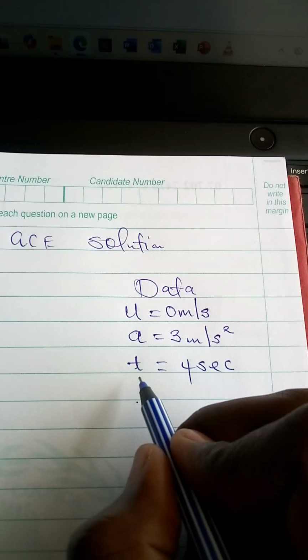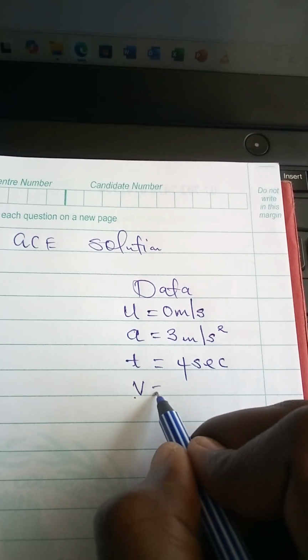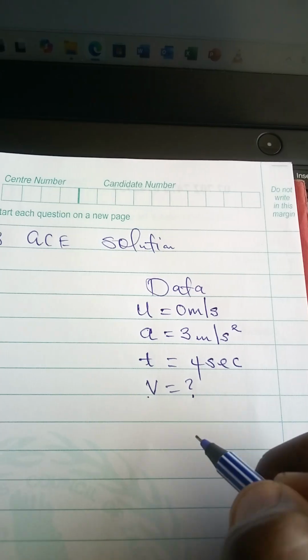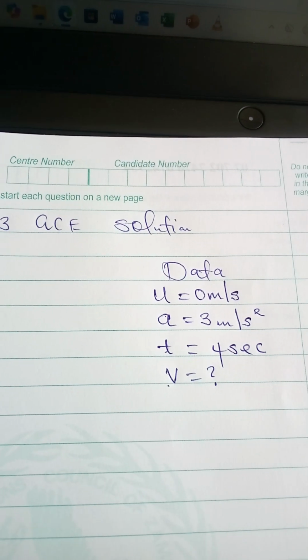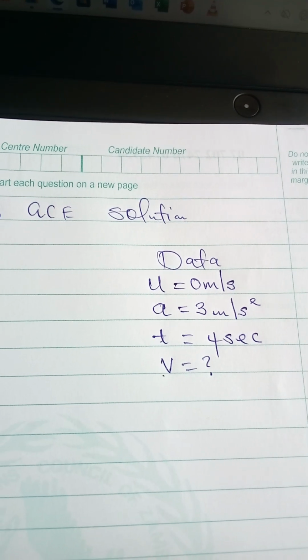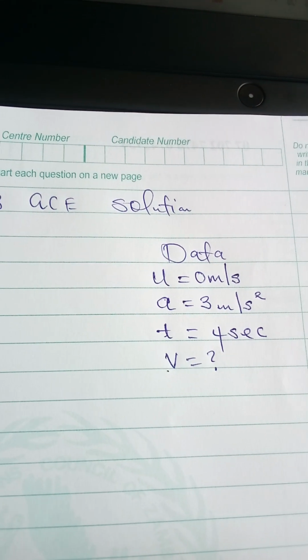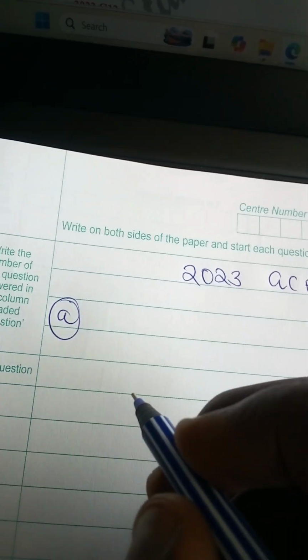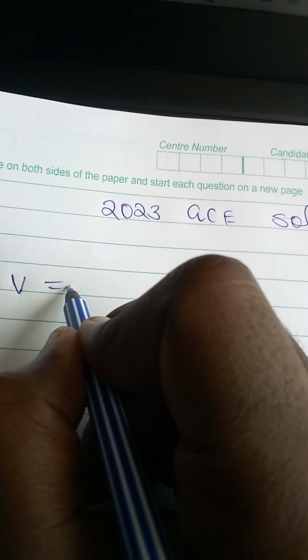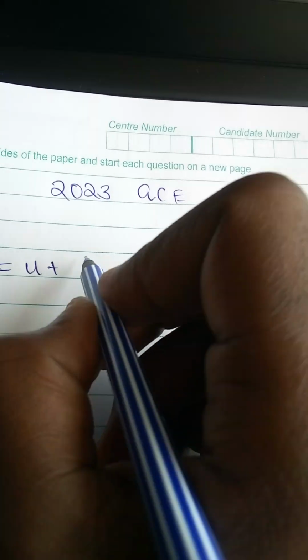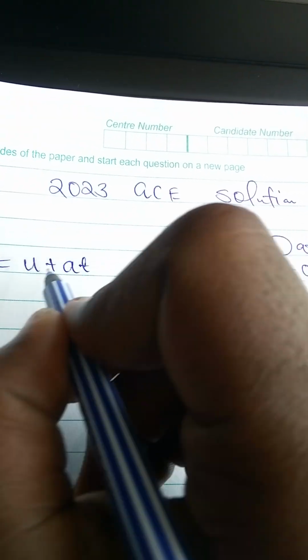So I'm going to write v and then I just put a question mark, and then from there I'm going to get the first equation of motion to help us to calculate the value of v. So I'm going to write v is equal to initial velocity plus acceleration times t.